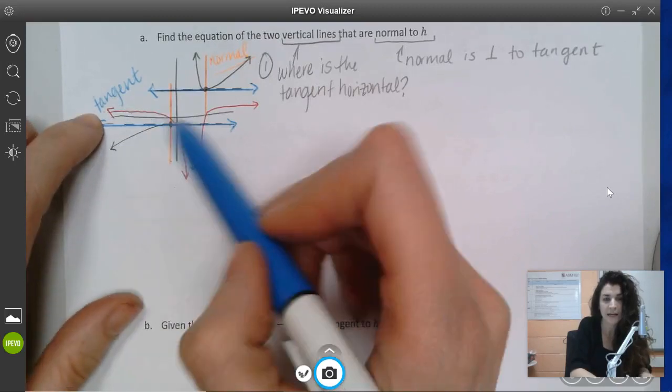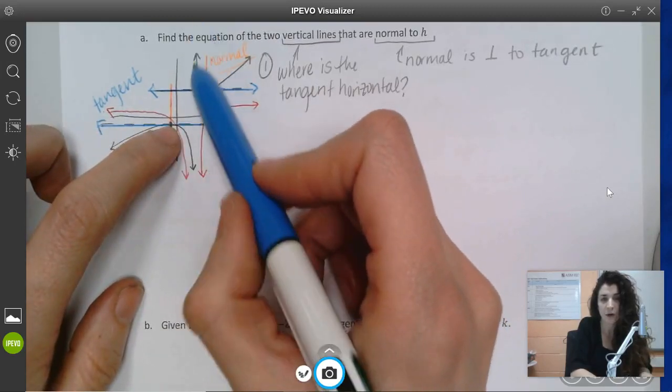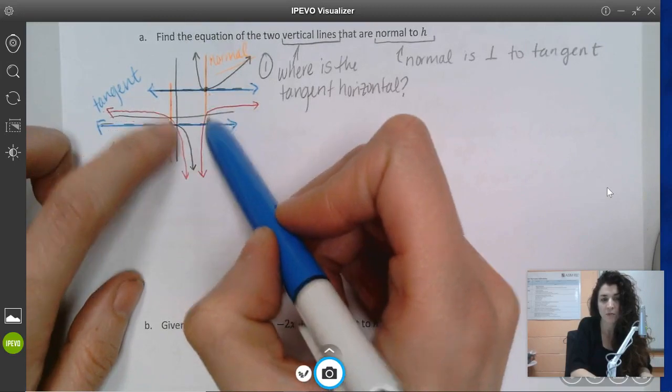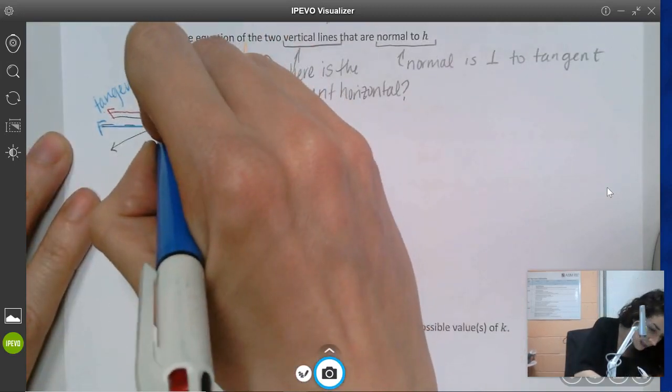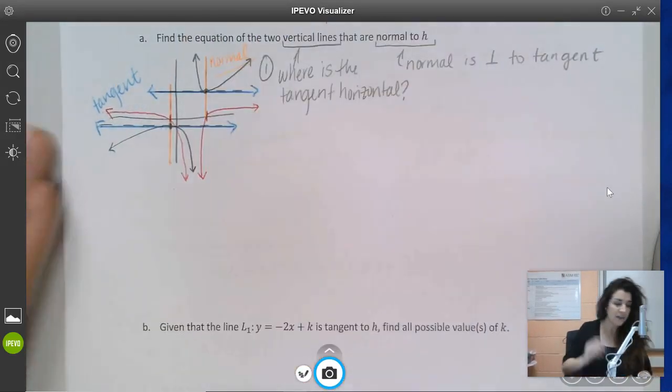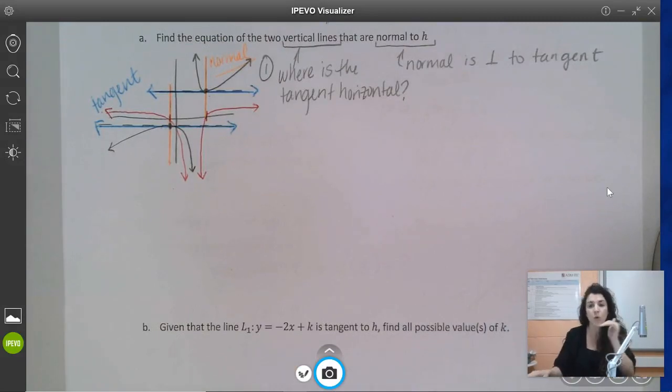Positive slope, above the x-axis. And then this is where it would be a negative slope, so below the x-axis. These are the x values where your tangent would be horizontal.